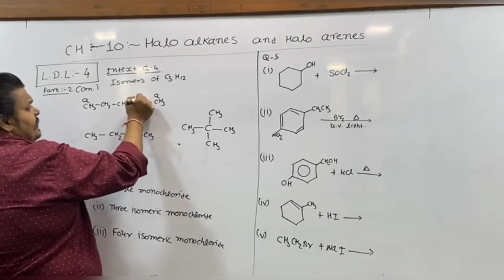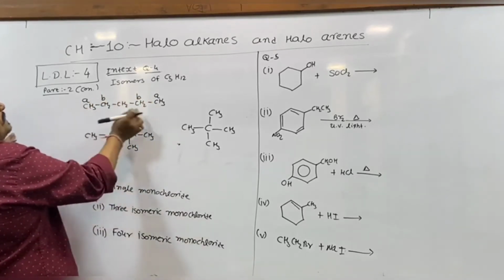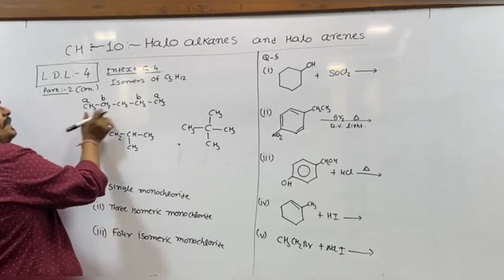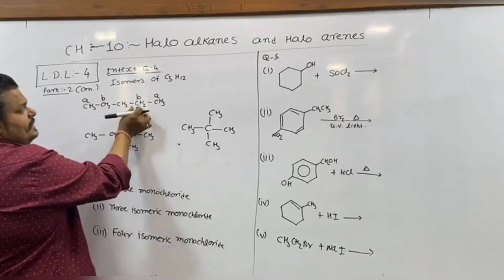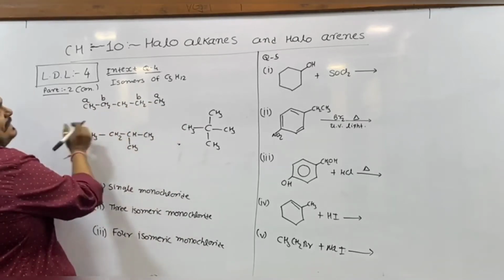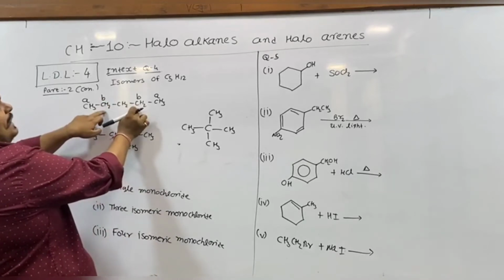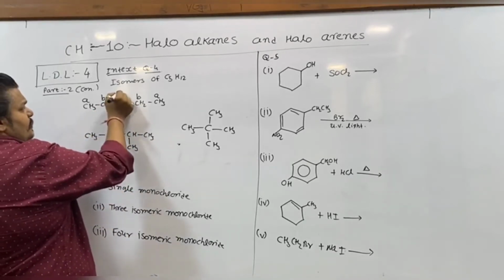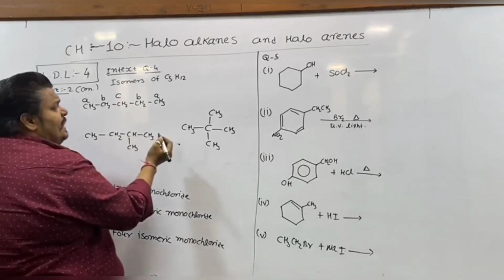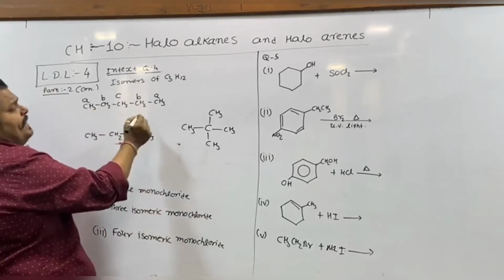Adjacent to the A carbon, these two are called B carbons, because this carbon contains CH3 on one side and a propyl group on the other side. Similarly, this carbon contains CH3 on one side and a propyl group on the other side. That's why both of these carbons are considered carbon B. And the middle carbon is called C carbon. So how many different types of carbons are present in this isomer of pentane?